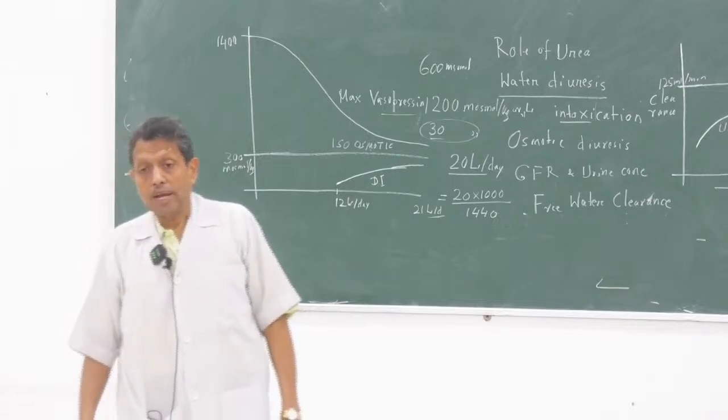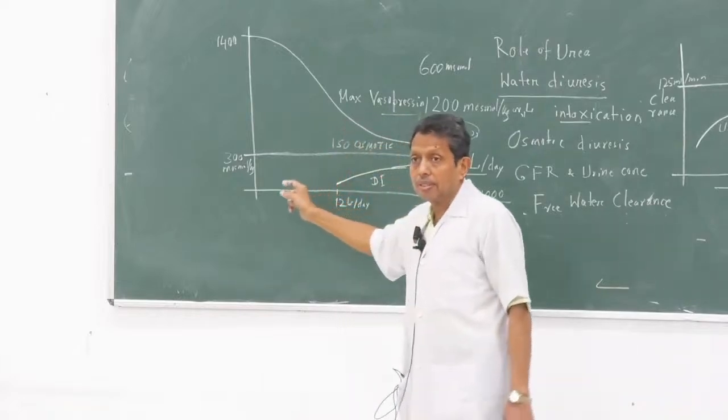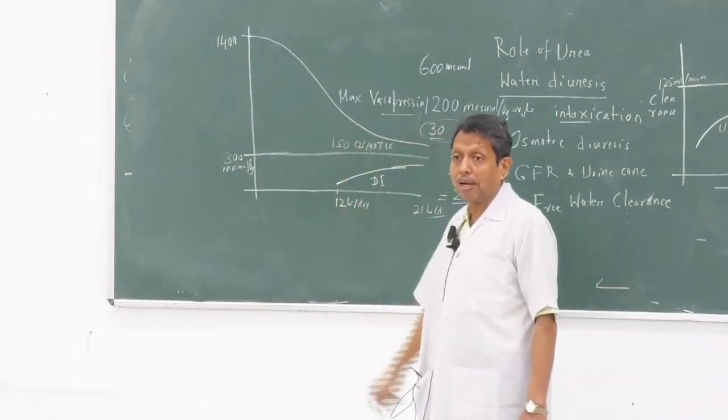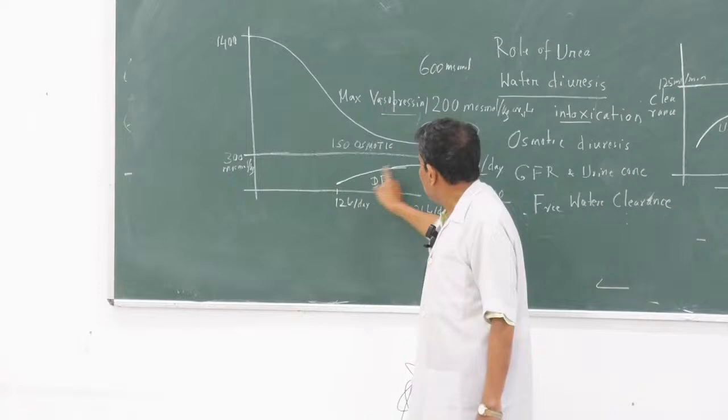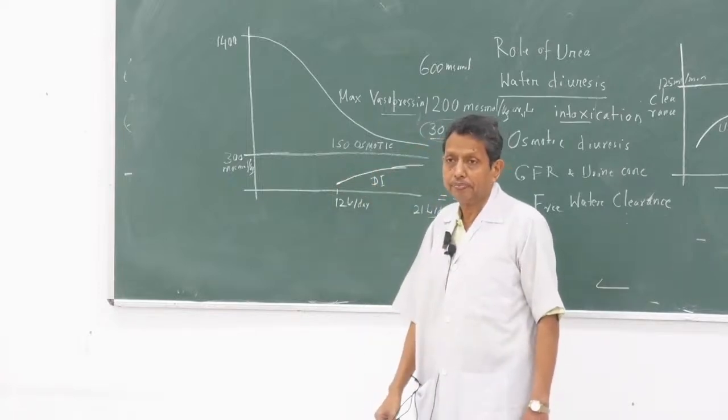So when the concentration rises, fluid comes from the more proximal part, and it will approach the isoosmotic value of the plasma.